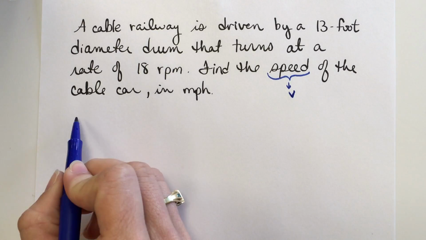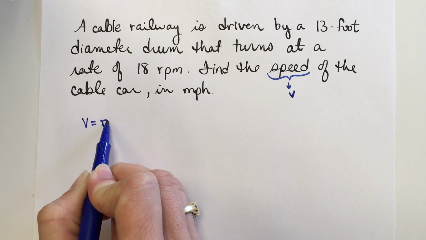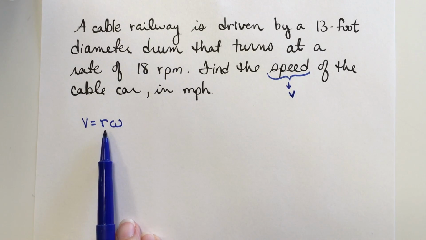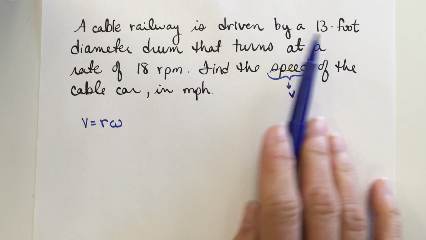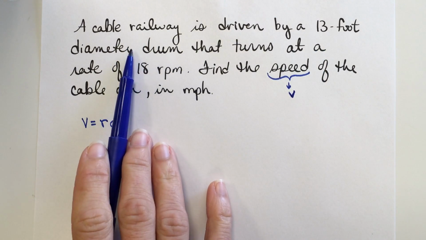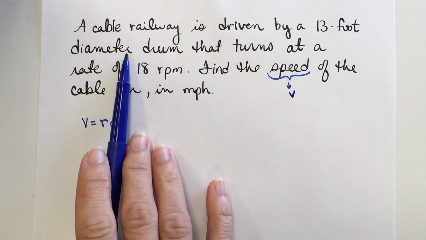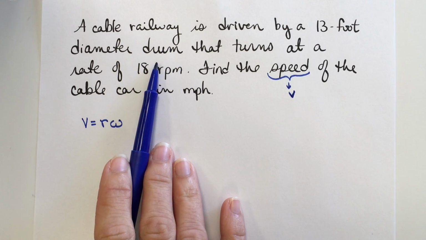Now, the formula that you're going to end up using here is going to be V is equal to R times omega. You have R not directly, but you're told the diameter of the drum. This is a circular shape, okay?